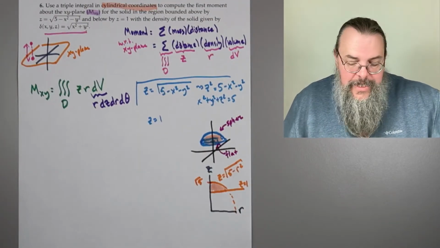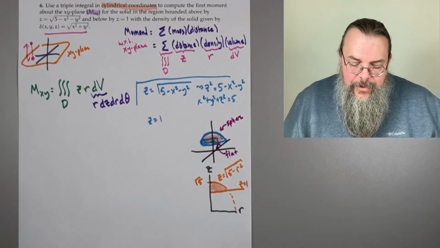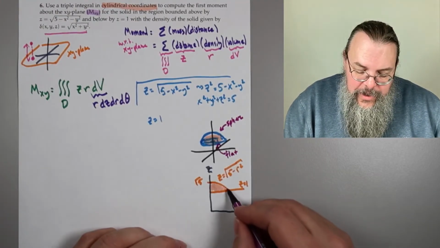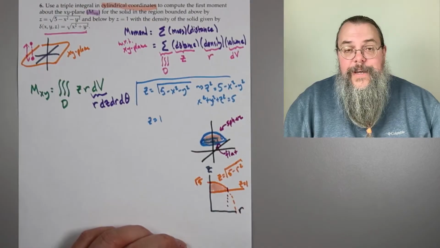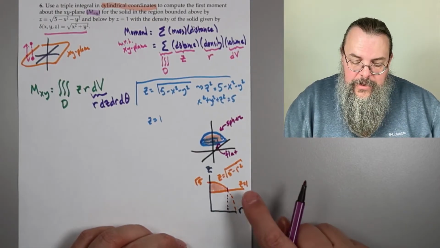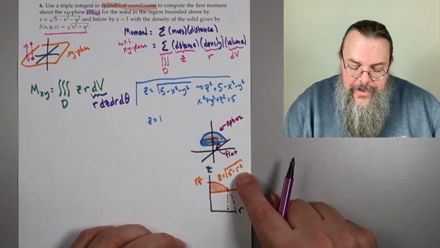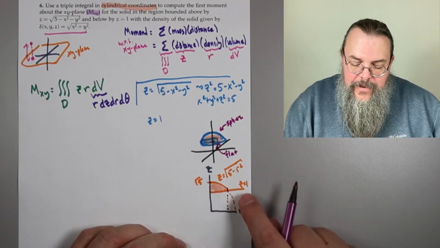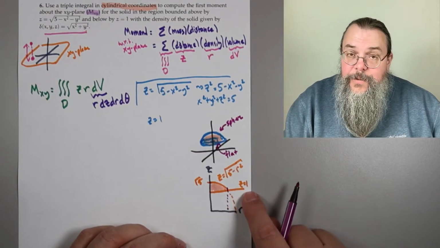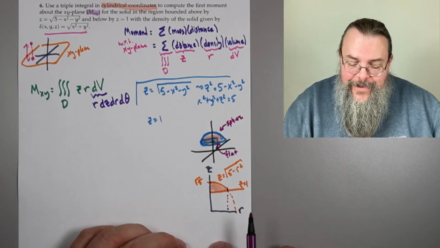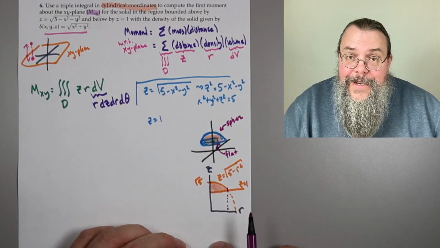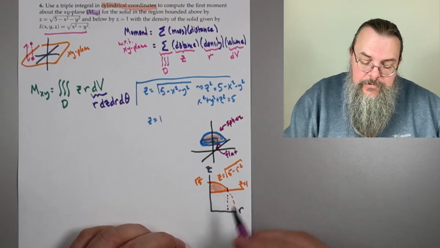The last thing we need is the answer to the question, where do they intersect? For which value of r do these curves, z equals 1 and z equals square root of 5 minus r squared, intersect? Well, we can just plug it in.